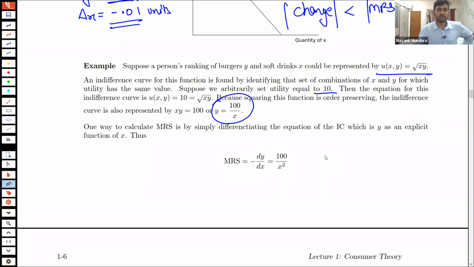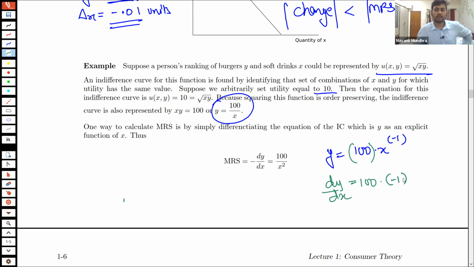So you can write this as y equals to 100 by x, which is 100x to power minus 1. Okay. So in general, 100 is a constant, so it remains as it is. So dy by dx is 100 into x to power minus 1.